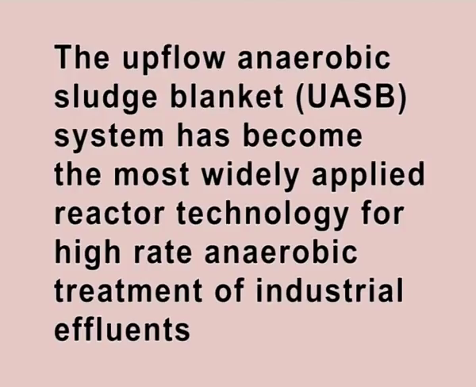The upflow anaerobic sludge blanket, generally represented as the UASB system, has become the most widely applied reactor technology for high rate anaerobic treatment of industrial effluents. The main reason for the success of the UASB is its relatively high treatment capacity, that is up to 10 kg COD per meter cube per day, compared with the other biological systems, which permits the employment of compact and economic wastewater treatment plants.